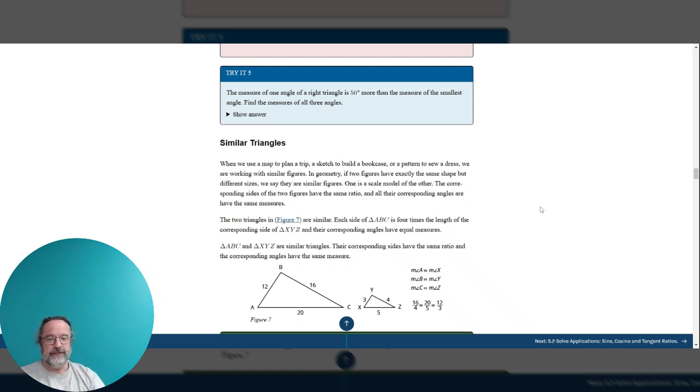Okay, Try It 5. I'm just going to talk through this. The measure of one angle of a right triangle, 90 degrees, is 50 degrees more than the measure of the smallest angle. Find the measures of all three angles.